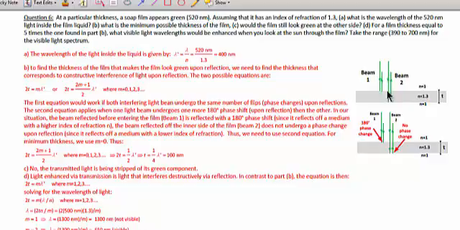So green is going to be constructive interference via reflection. If it is constructive interference via reflection, it means it's going to be destructive interference via transmission. So the light that's going to be transmitted is going to be lacking green light, lacking the green components.